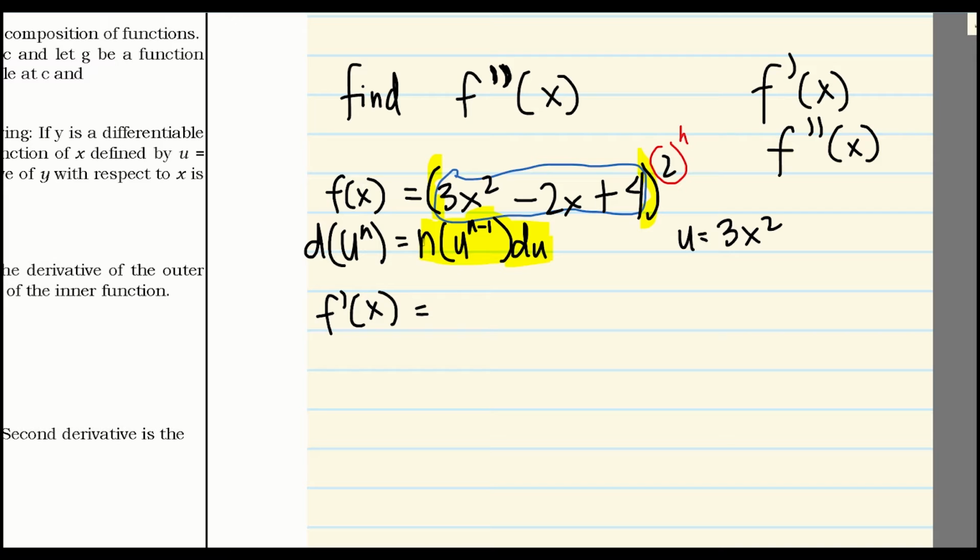Always remember, after deriving it, you have du over here. When we derive it, it becomes 3 times 2x minus 2, because the constant becomes 0. Then du is equal to 6x minus 2.